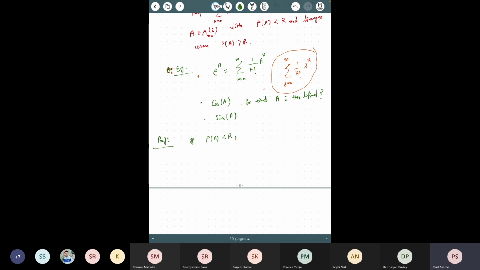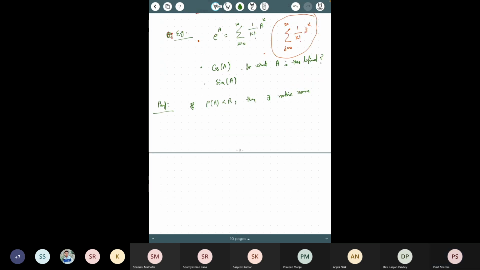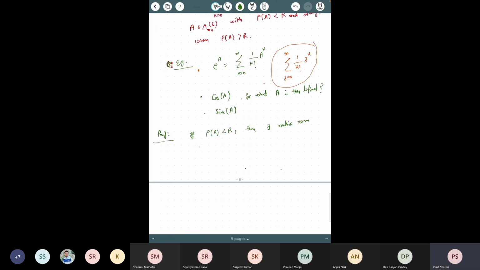If rho A is less than R, then we know that there exists a matrix norm on the space of matrices such that the norm of A is less than R. Using the same argument as before, why such a norm exists: because rho A is the greatest lower bound.